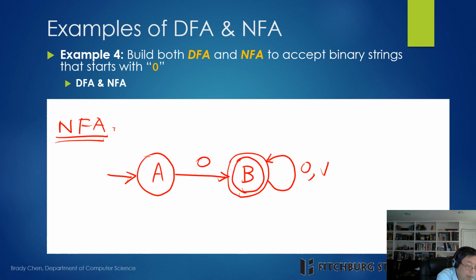Now, if we currently start with A, for any other input, it doesn't matter. We don't care. As long as the first input is 0, we go to the accepting state. So it's that simple, right? That's the NFA.